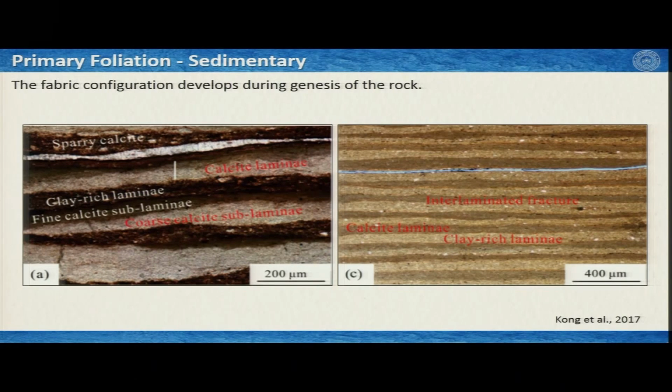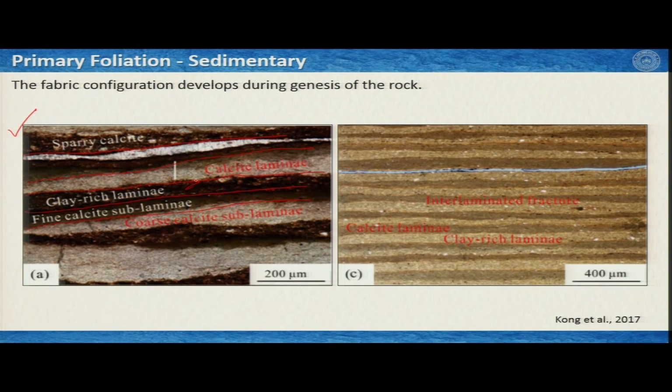You can also see sedimentary foliation under thin sections, as I have shown here in this slide. I took these two images from a very good paper by Kong et al., published in 2017. What we see in this first image is alternate dark and white layers. The top part, as the authors have defined, is sparry calcite, and then here is some sort of calcite lamina, and then again this dark layer the authors have divided into two different layers.